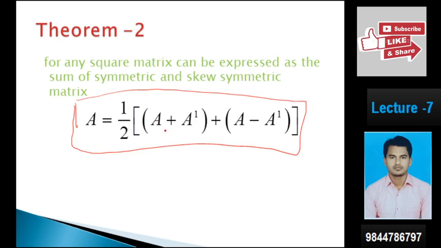A plus A dash is symmetric, A minus A dash is skew symmetric, because in the previous one I solved A plus A dash and A minus A dash. So the sum of symmetric and skew symmetric matrix should be expressed as the matrix A. We take some problems regarding the sum of symmetric and skew symmetric, then only you can easily solve.